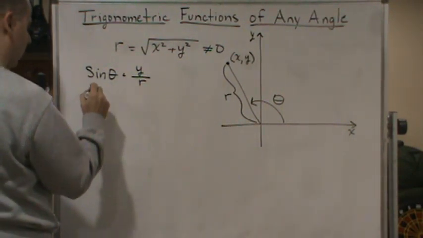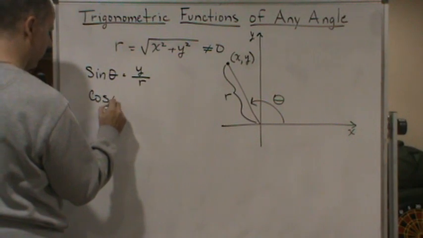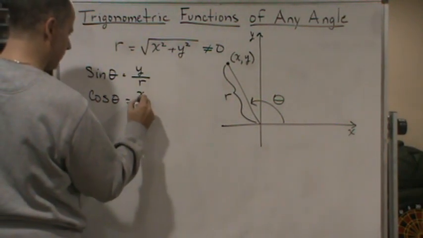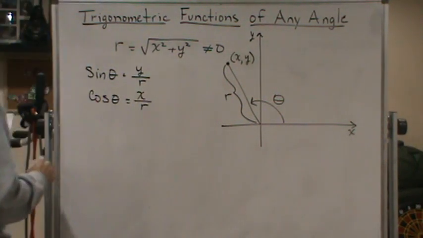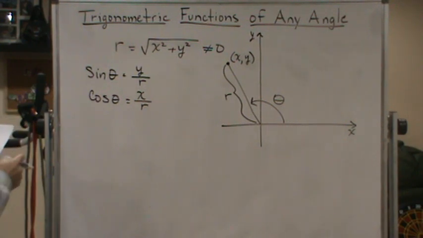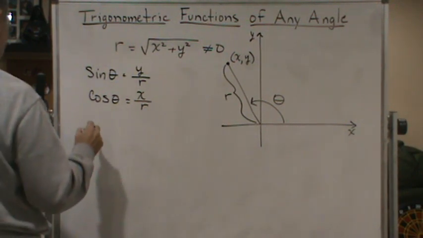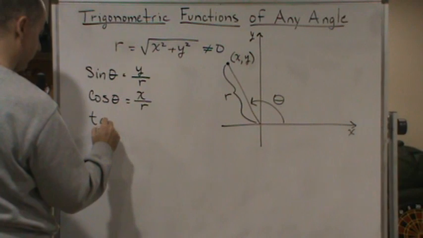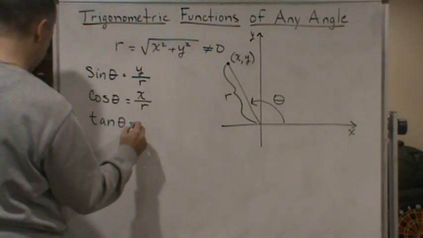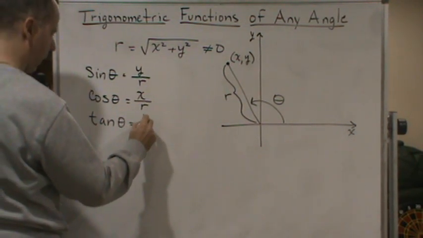Cosine theta is going to be x divided by r. Tangent theta is y over x.